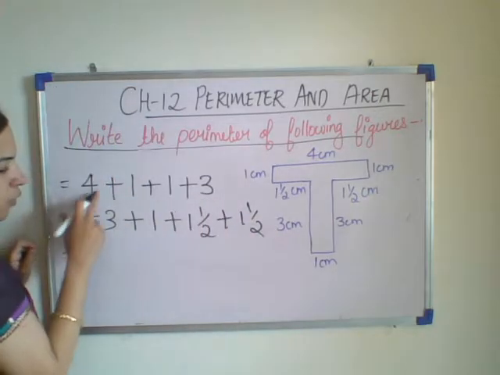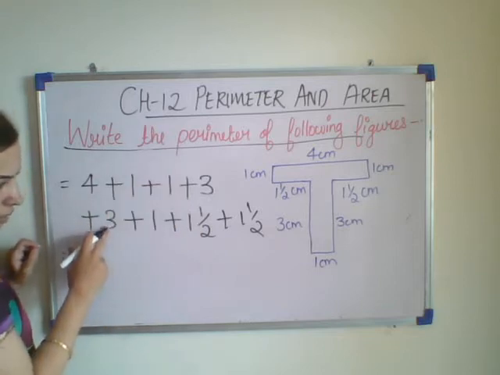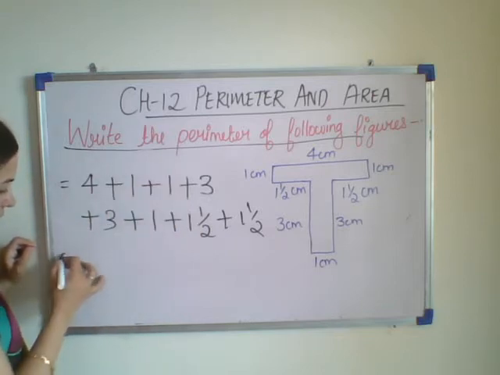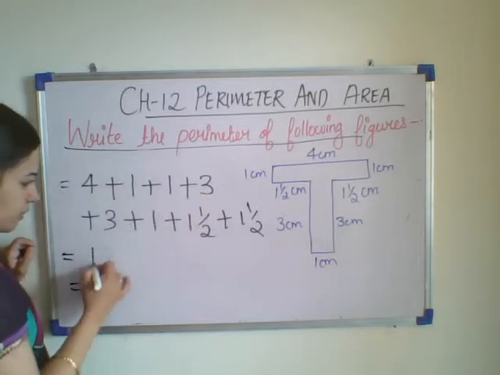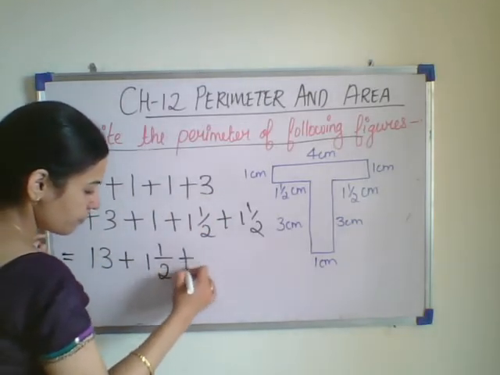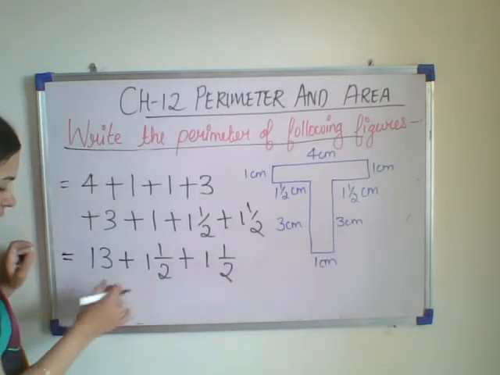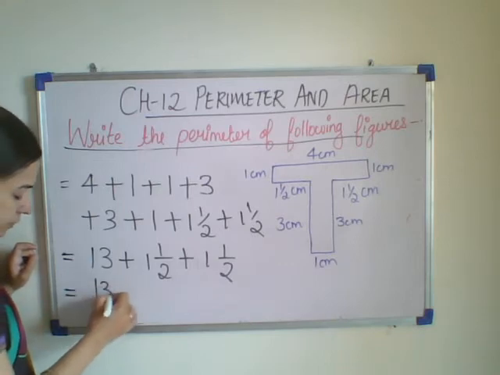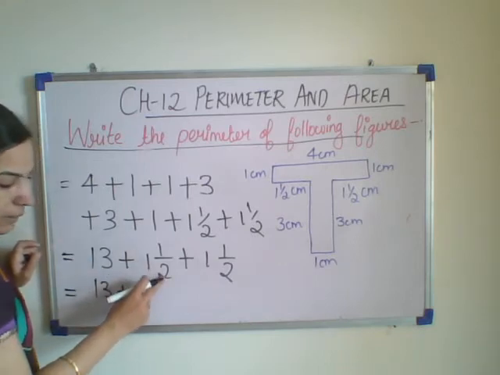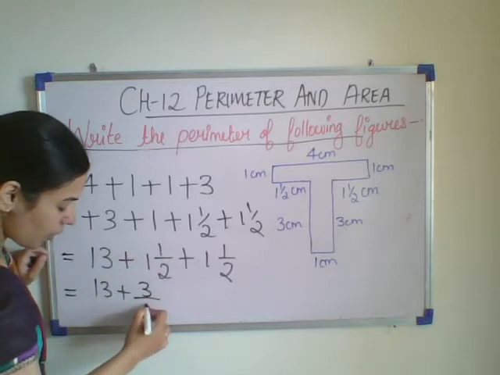If we add this, 4, 5, 6, 7, 8, 9, 10, 11, 12, 13. We get 13 by adding all these numbers. 13 plus 1 and a half plus 1 and a half. So how to convert this mixed number into a fraction? 1 multiplied by 2 is 2, and 2 plus 1 is 3, so 3 upon 2.